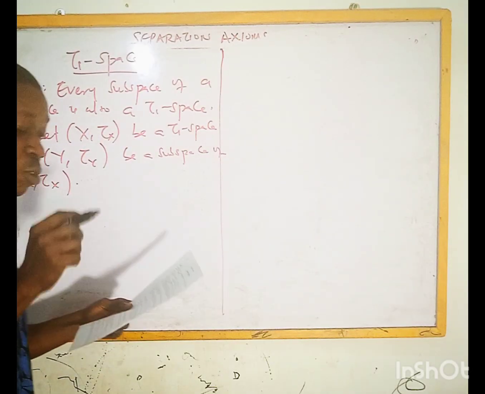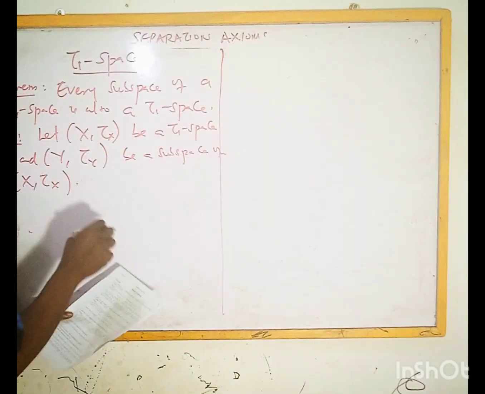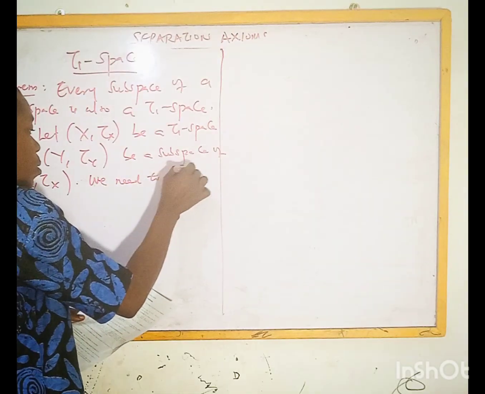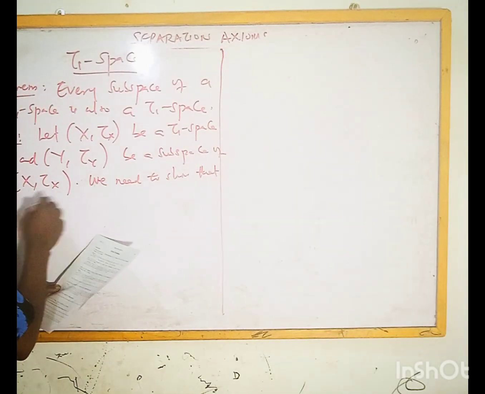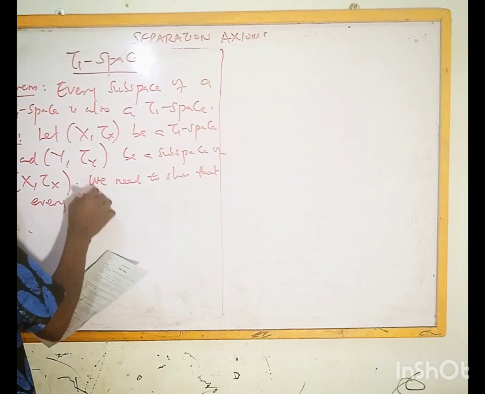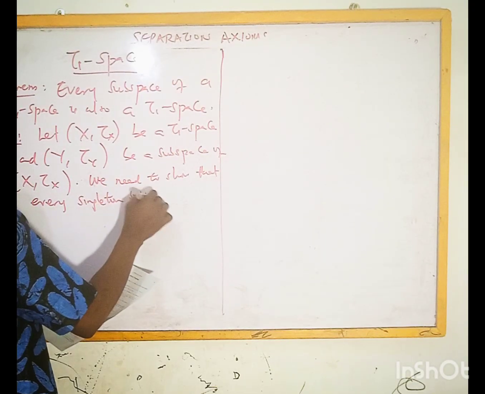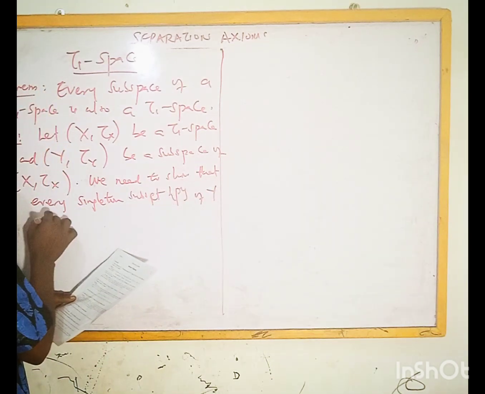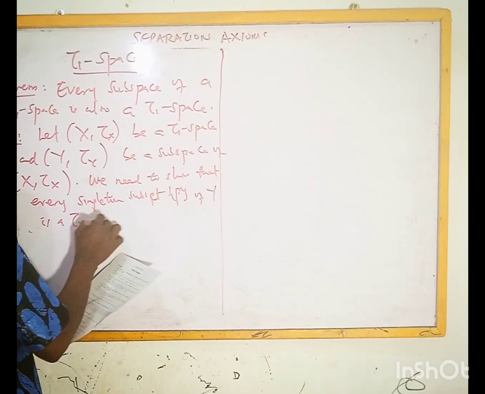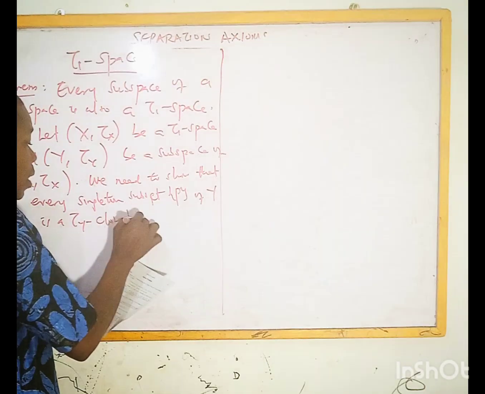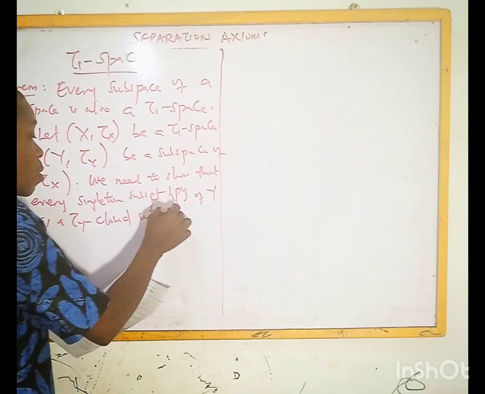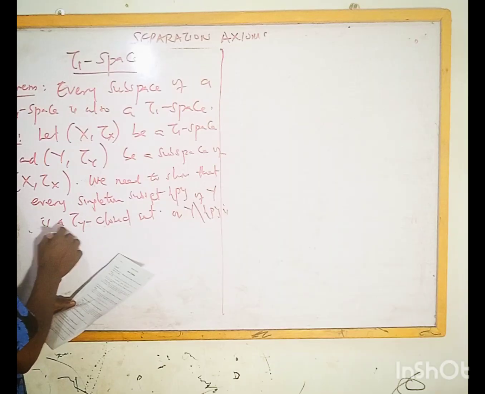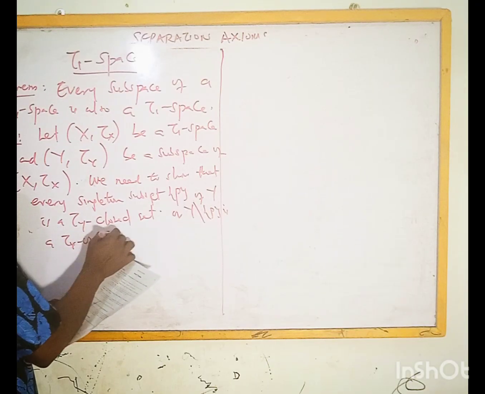So now we need to show that every single subset of Y, that is, every single point set of Y, is a tau_Y closed set. Or you can say that Y removing this one is a tau_Y open set.